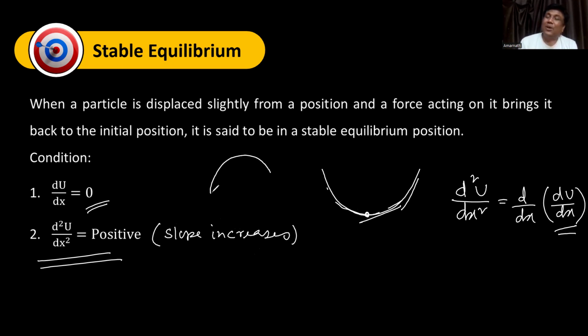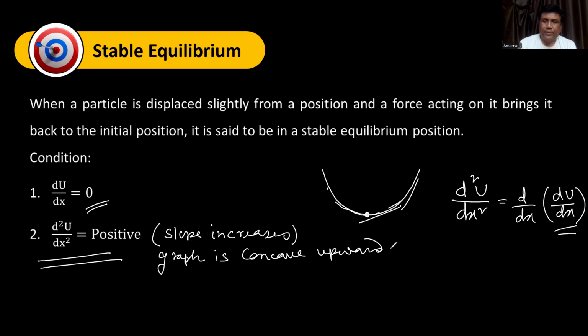This is called concave downward. So what I am writing is concave upward. The graph is concave upward. Please write down this thing.